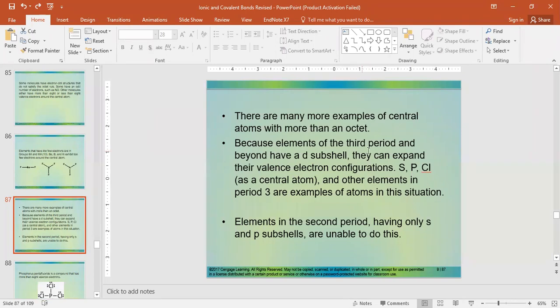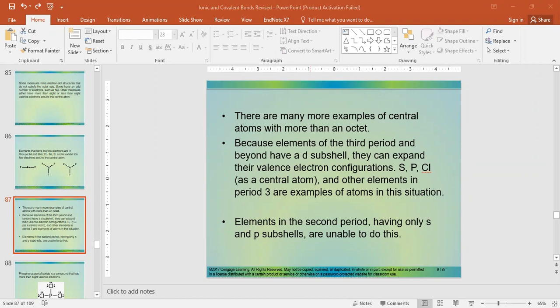Now, elements of the 3rd period and beyond have a d subshell. Where does this come from? When you look at sulfur, you'll realize that sulfur is atomic number 16, and therefore you are going to write 1s2, 2s2, and so on. And then you are going to have a 3p something.